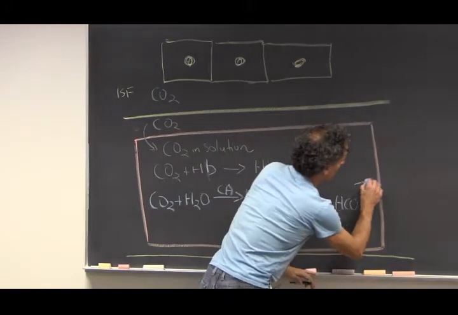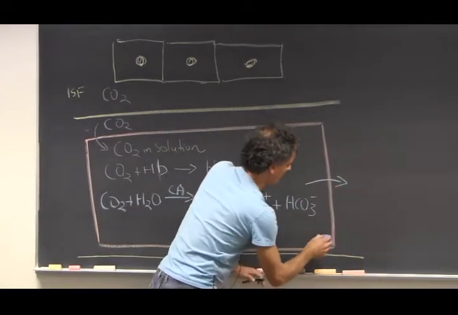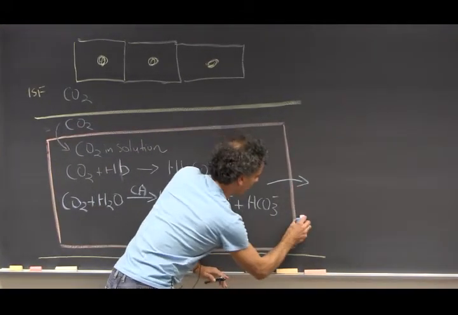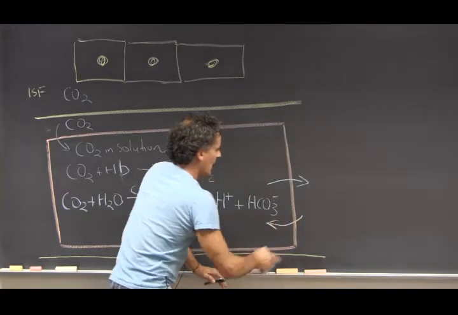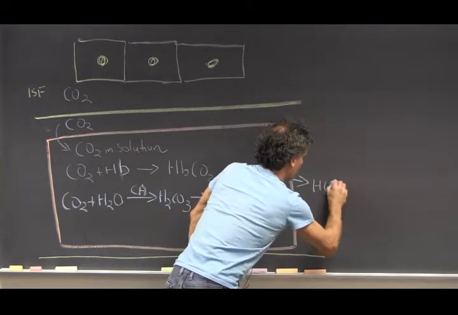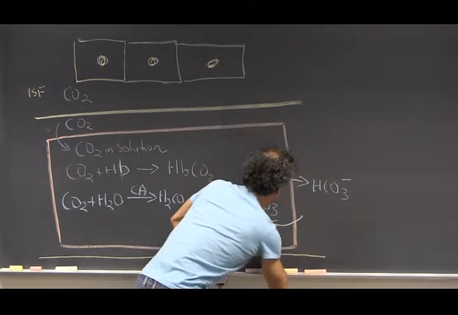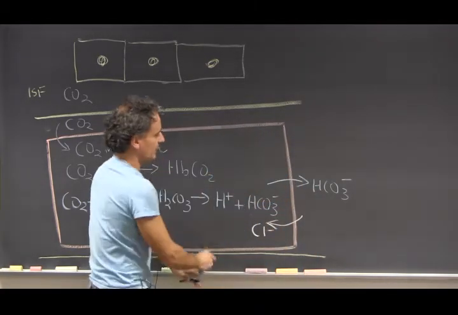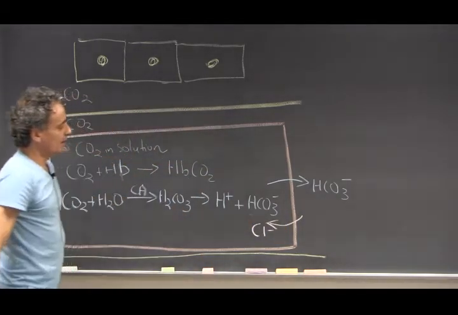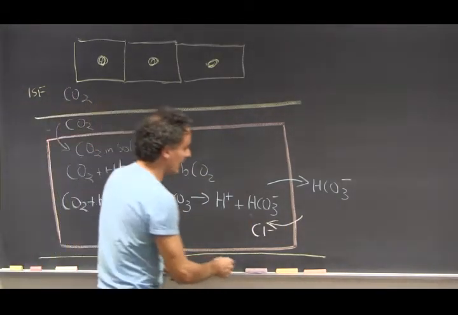The bicarbonate is exchanged for a chloride molecule, and it leaves the red blood cell. So the chloride comes in from plasma. This is known as the chloride shift.